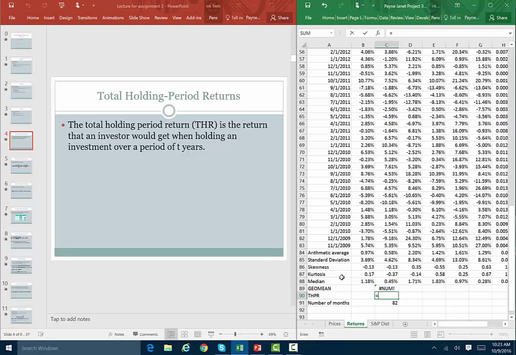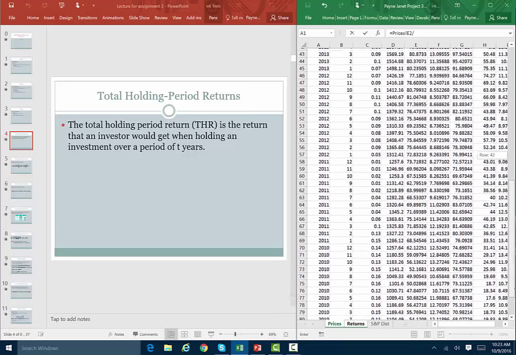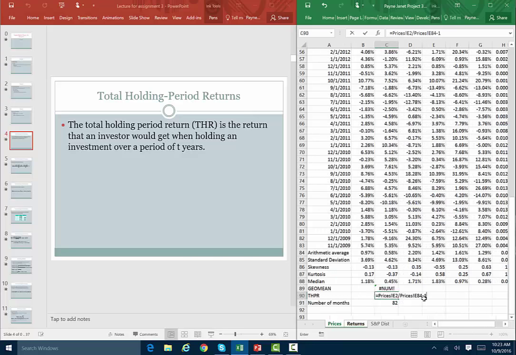Okay, so total holding period return. I want to look at what I got for the stock if I had sold it in, this is August of 2016 instead of October, but that's okay, divided by what I would have paid for it had I bought it in October of 2009, and subtract 1.